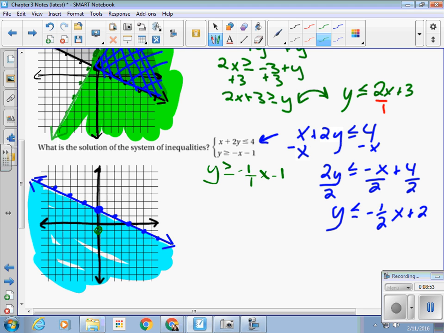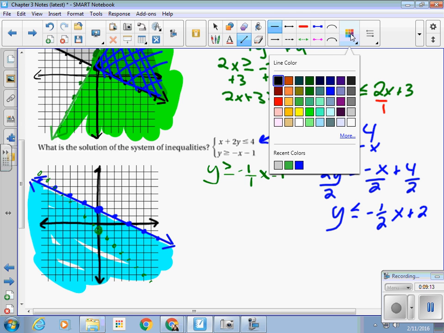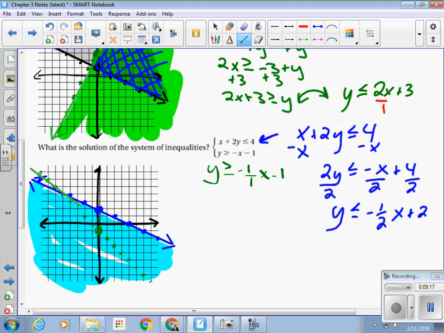So my coordinate starts here at negative 1, and I go down 1 over 1. And I continue that pattern all the way across my graph and draw a straight line across my graph.